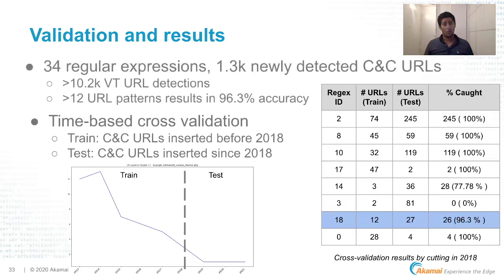With this dataset, we ended up with 34 regexes that detected more than 1.3K new C2 URLs. Also, we took those 34 regexes and tested them against VT URLs, and we discovered 10.2 C2 there.